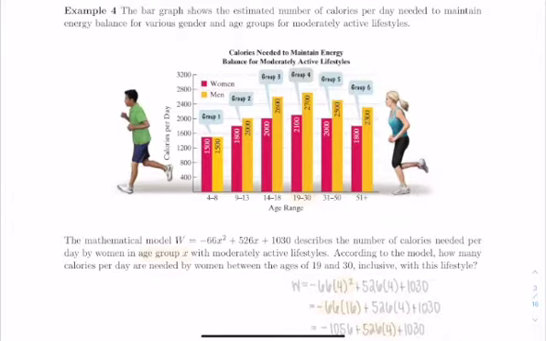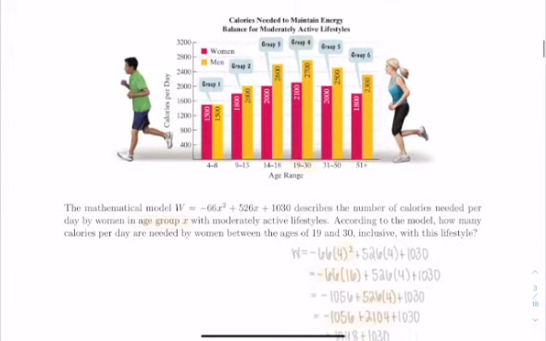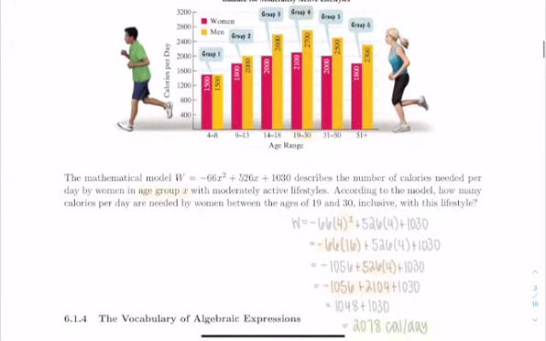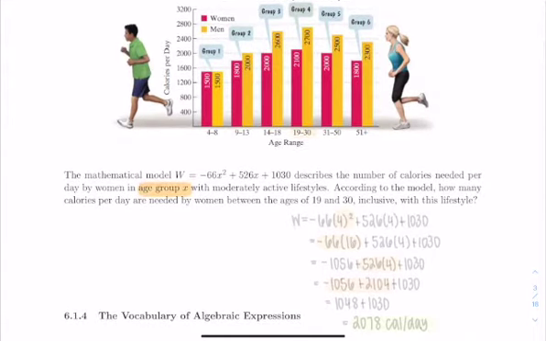So in our description here, it told us that X is the age group. And so we're looking at the 19 to 30 range on our graph. And so they fall under group 4.